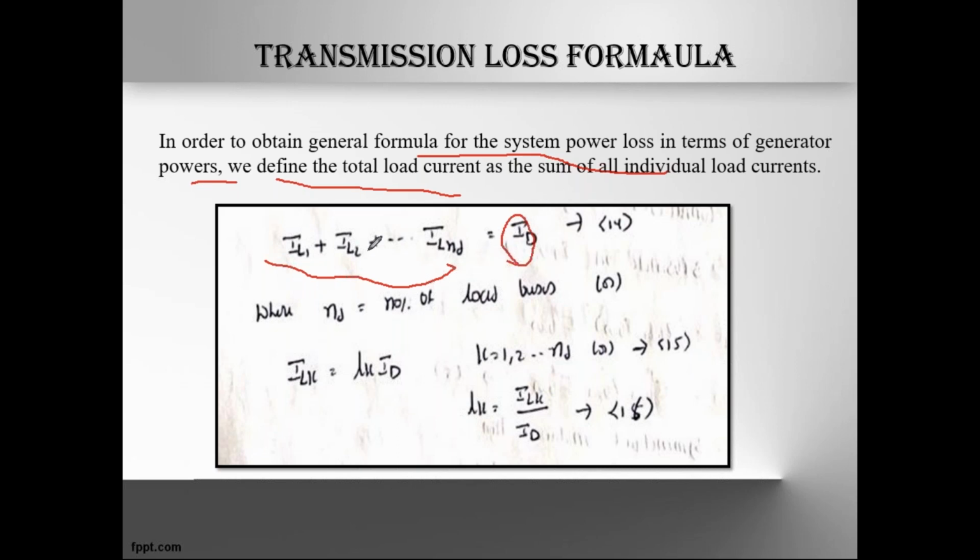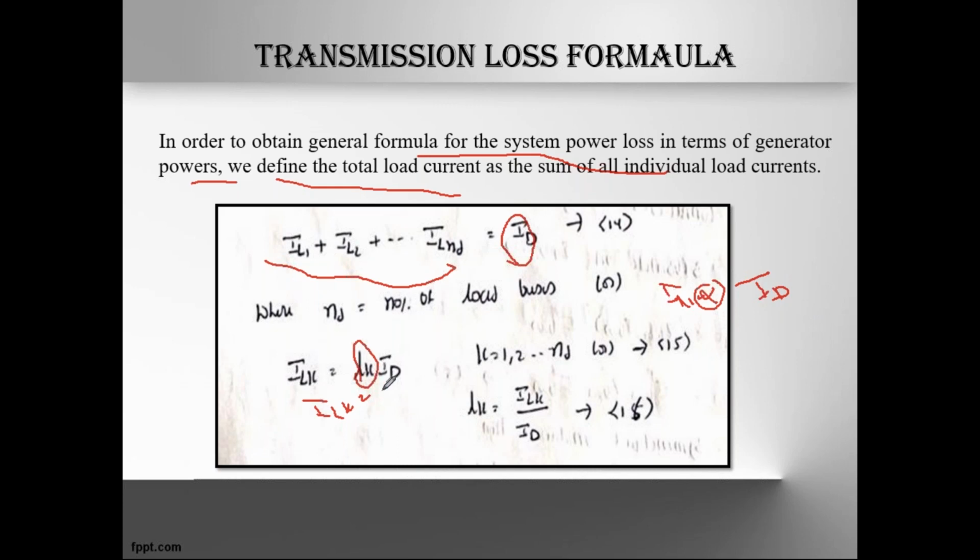Now I can write this entire load as ILK, where LK is a constant, the kth load constant LK. The total load current is directly proportional to this value. This proportional constant gives the factor by which it should be multiplied so that both are equal.